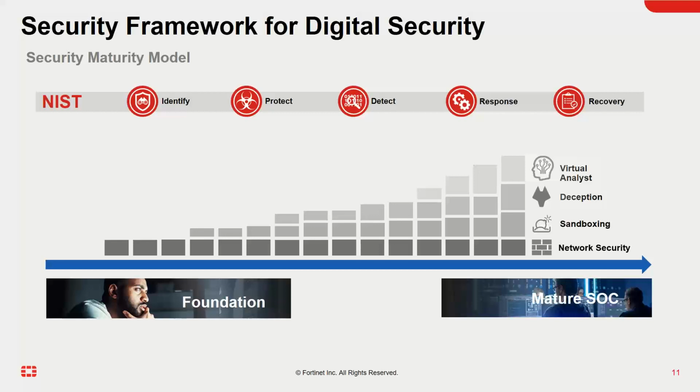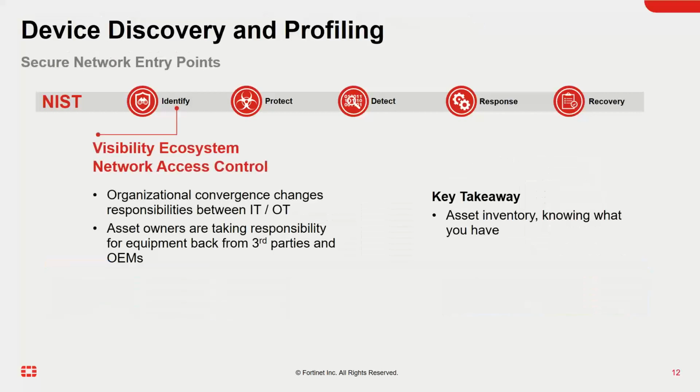Because after all, it is ultimately about achieving situational awareness, but it starts with visibility. We've got to understand what's going on in our environment and feel confident at any moment in time that we are in control.